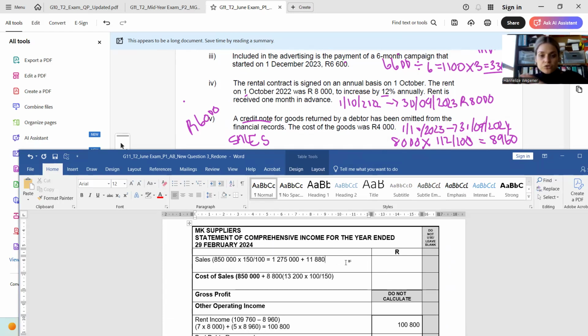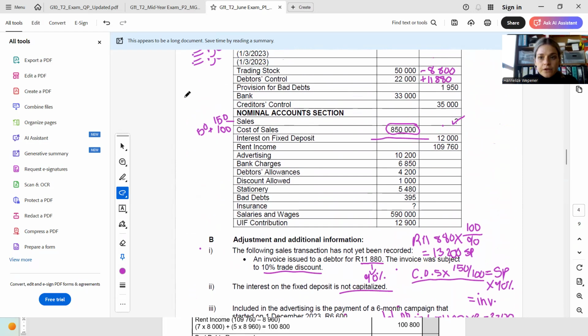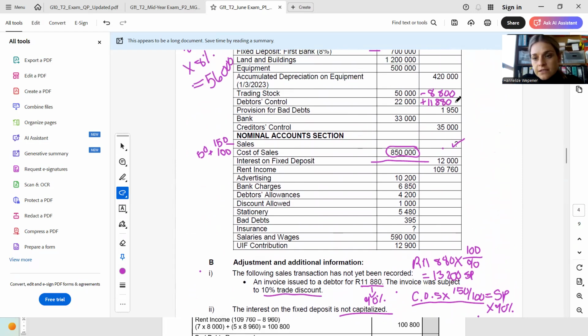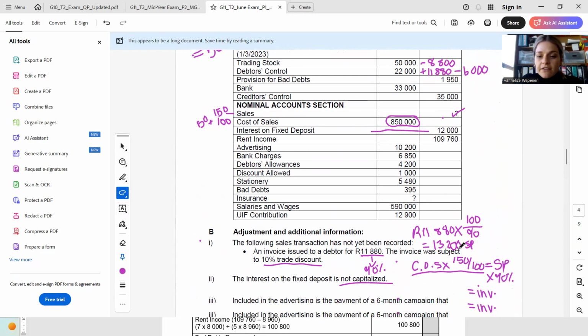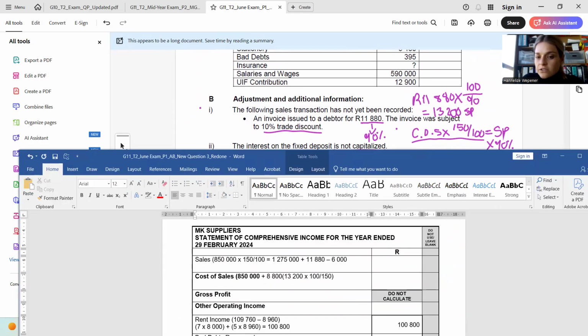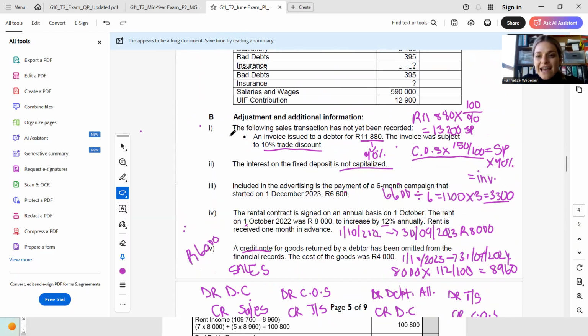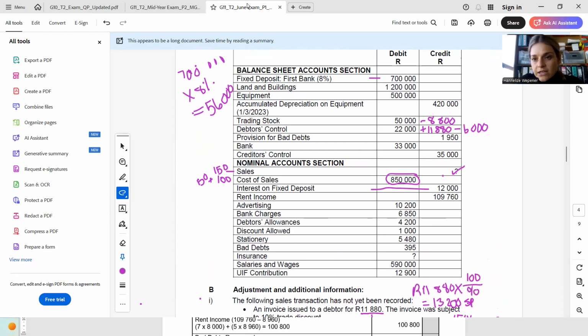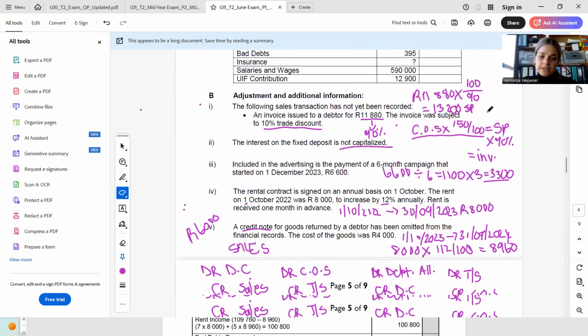So the debit is transferred to sales, meaning I'm going to subtract it from sales, which means that my debtor now no longer owes me the 6,000 Rand. So minus 6,000 Rand. I also don't have this cost of sales of 4,000 Rand. I don't have that expense anymore. So minus 4,000 for the expense, and add the stock back into trading stock because the debtor returned the goods to you. So plus 4,000 Rand. So there are your debits and your credits.